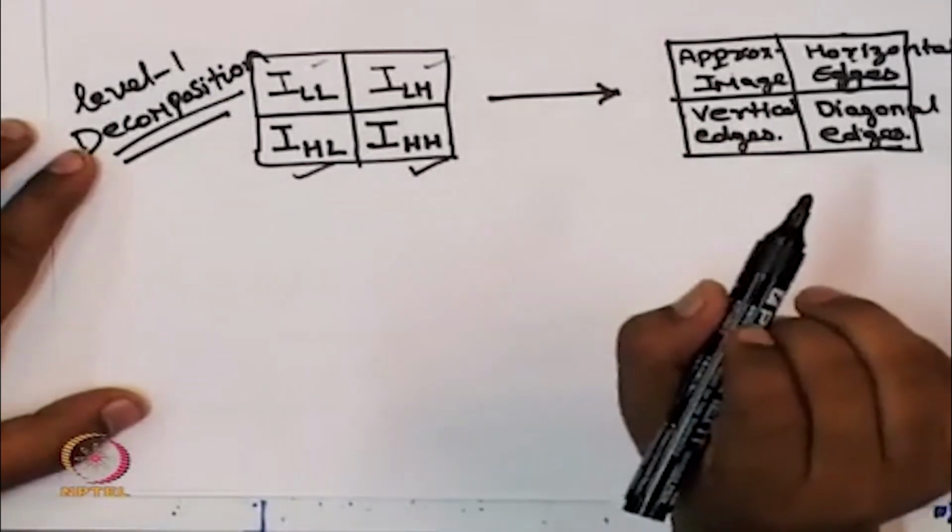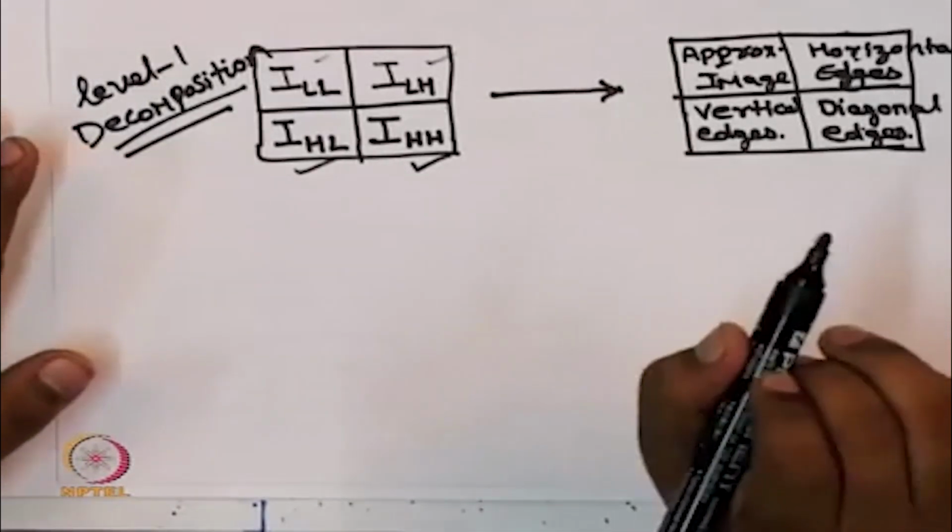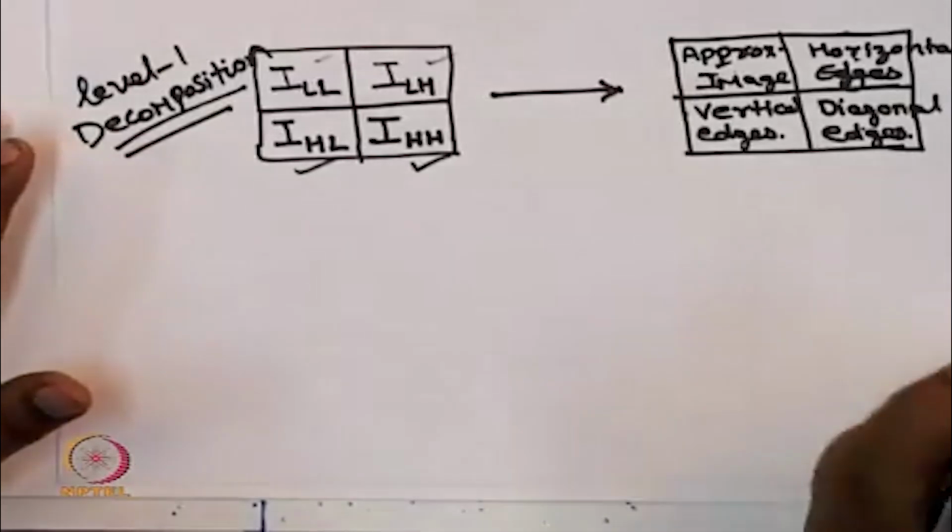Now in principle, any one of these subbands or all of these subbands can be analyzed or partitioned further. But it can be seen from the simulation here that as maximum energy or maximum information content is in the LL subband, we would like to decompose this band further.